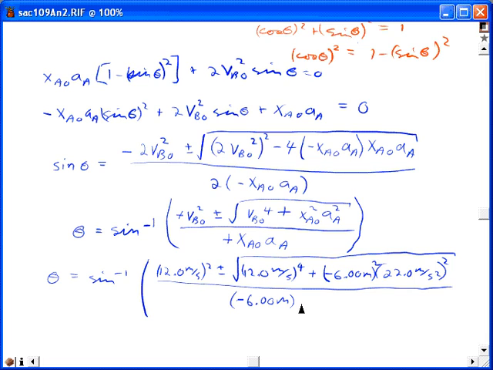Nope, just meters. Nothing squared down there, and then times the 22.0 meters per second squared.